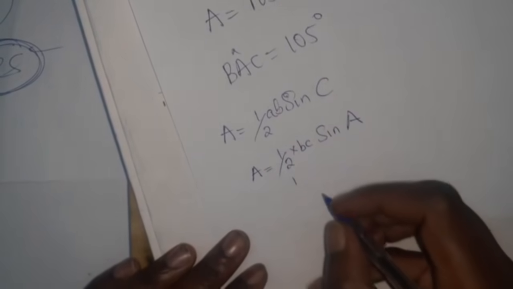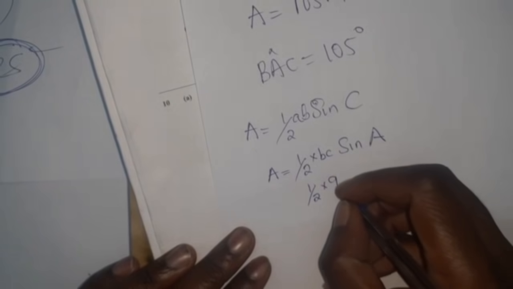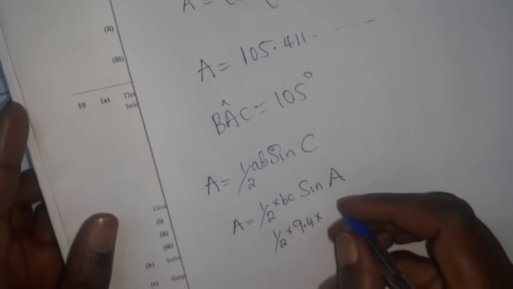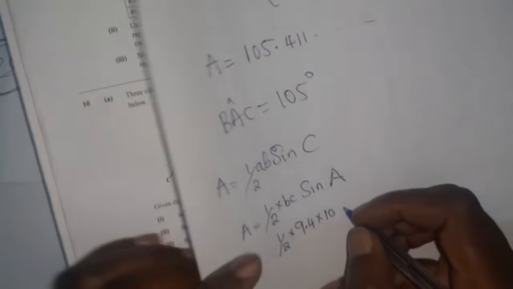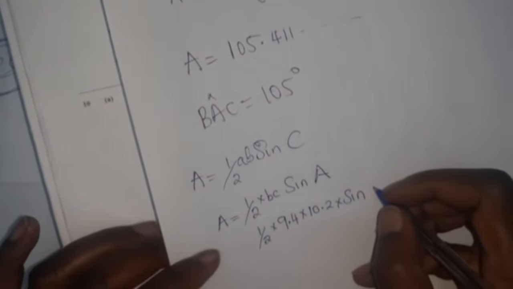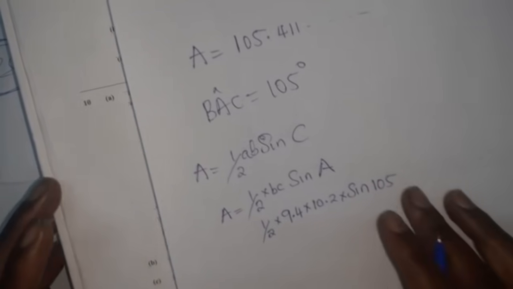So 1 over 2 multiplied by, what is our B? 9.4 multiplied by C. What is our C? Our C is 10.2 multiplied by sine. What is the angle that we got? 105.